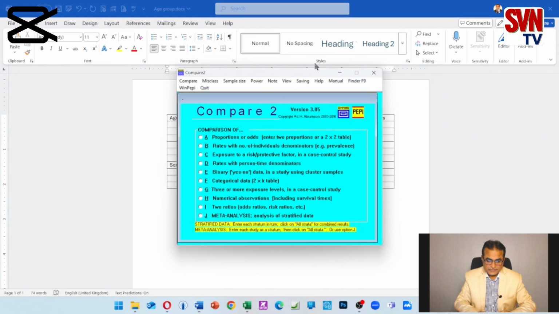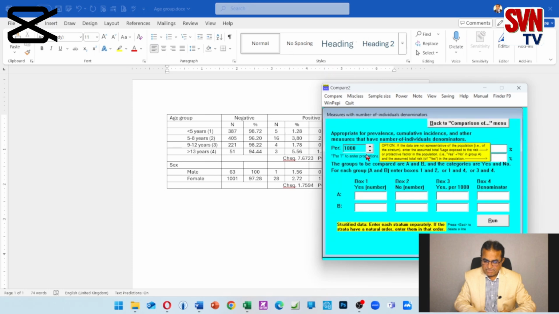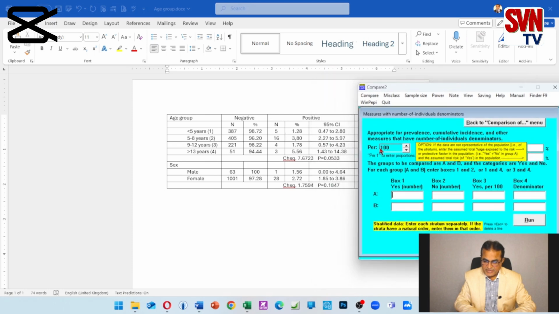Now we need to go again into compare, and now we need to click into rates with no individual denominators, for example, prevalence in this table. Put it into 100. Now yes is 1 and no is 63, and here yes is 28 and no is 1001.